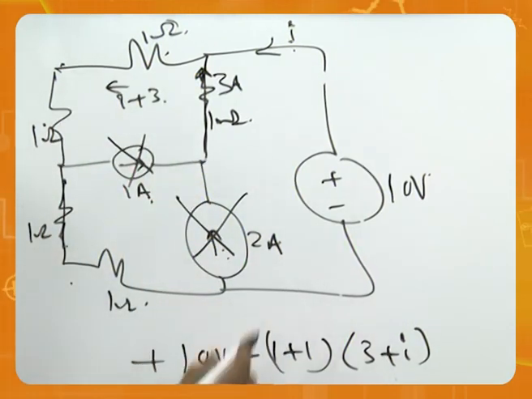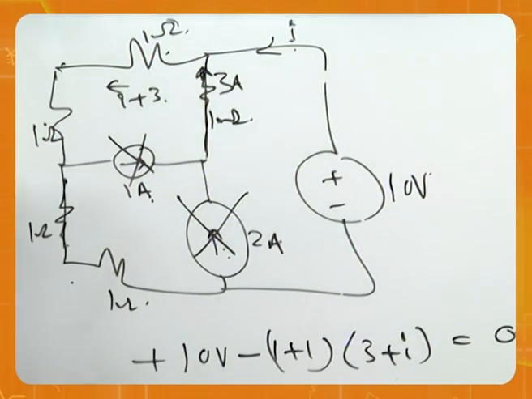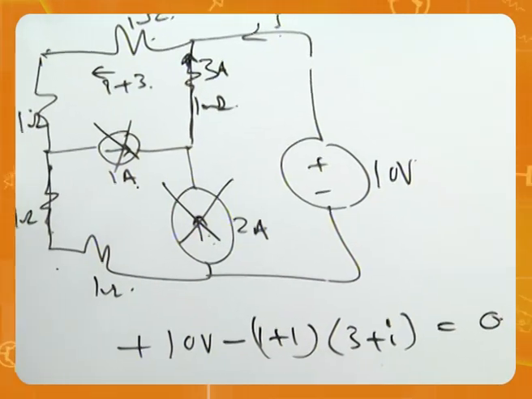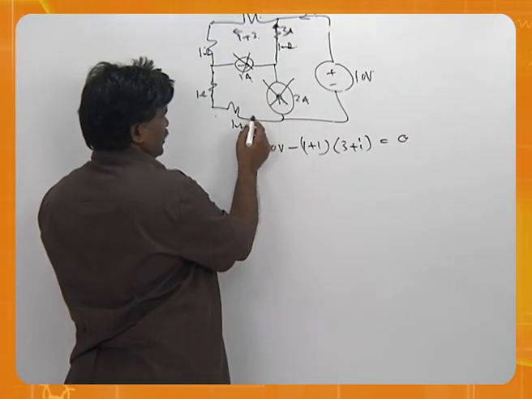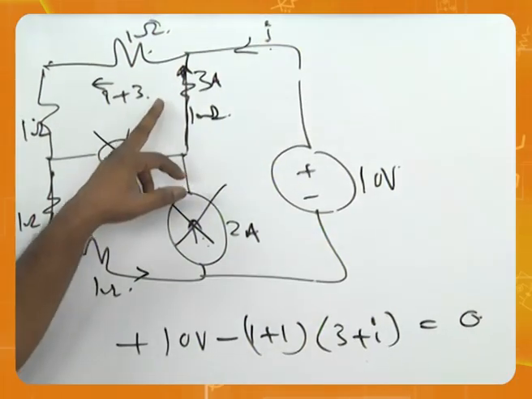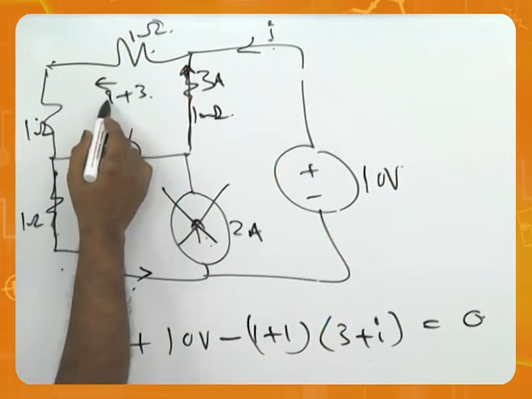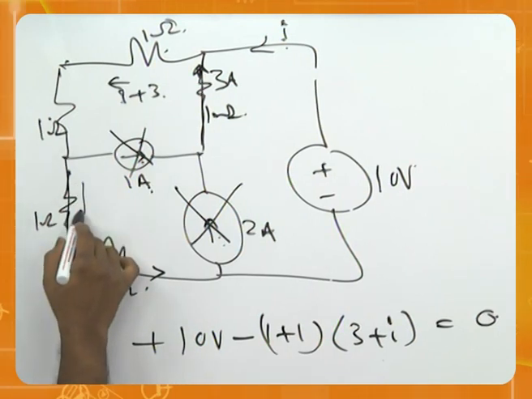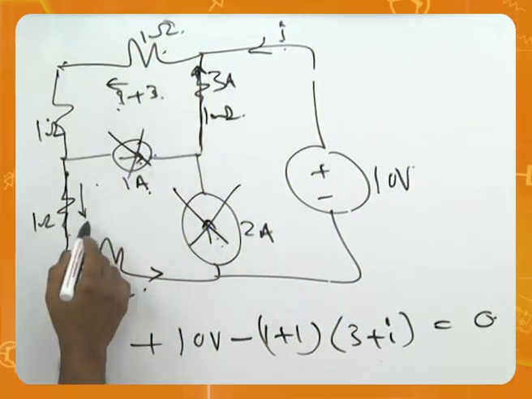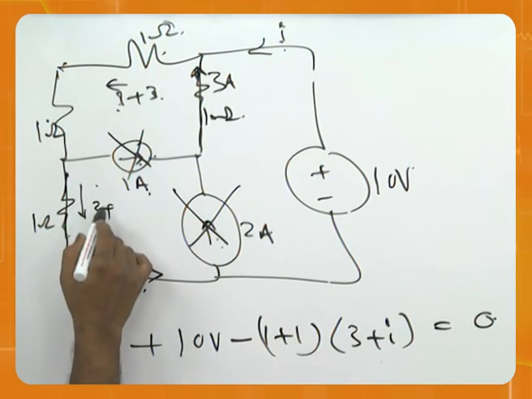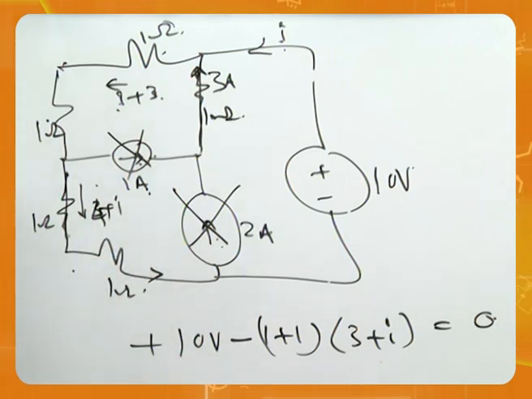Suppose you say this is equal to 0. There is another current here. So what is the current in this path? I plus 3 is entering here, 1 is going here. Therefore, it should be 3 plus I plus 1. That means 4 plus I.